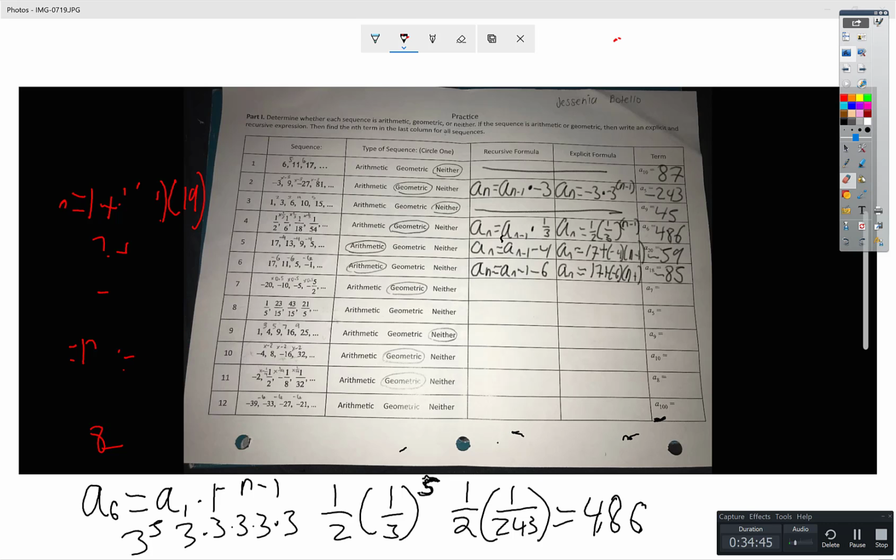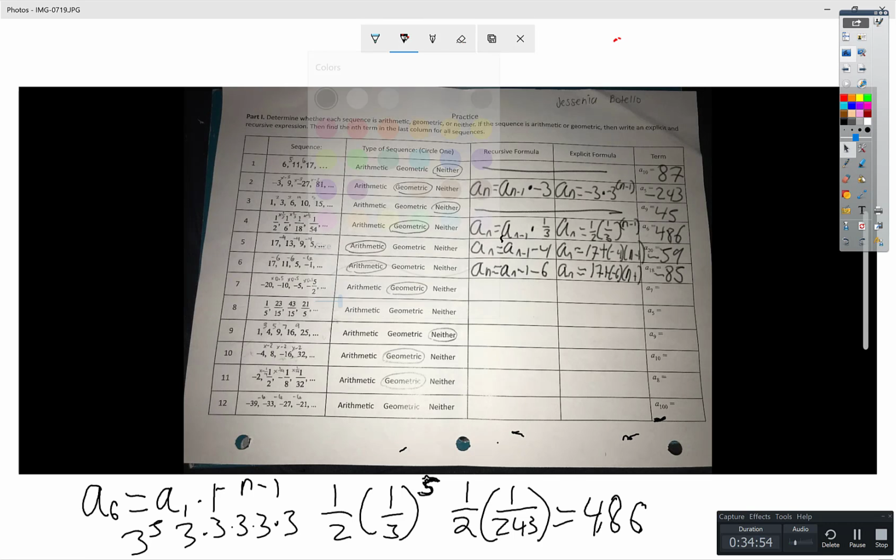Okay, next one is geometric. You multiply by 1/2 each time. That is correct. So each term is equal to the previous term, a n minus 1, times 1/2.